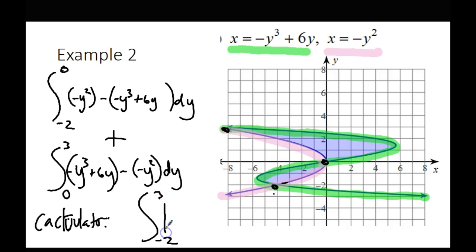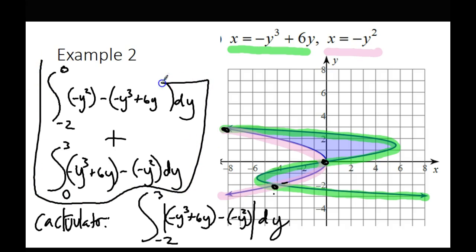And it doesn't really matter which one you put first, so long as you do what? Put your absolute value bars on there. And that's what we're actually going to type into the calculator. But I do want you guys to know how to set it up as though you were doing it by hand. Okay, so go ahead and type that in. That's for no calculator, and that's for calculator.